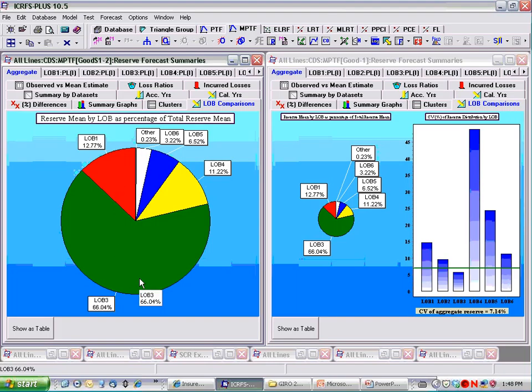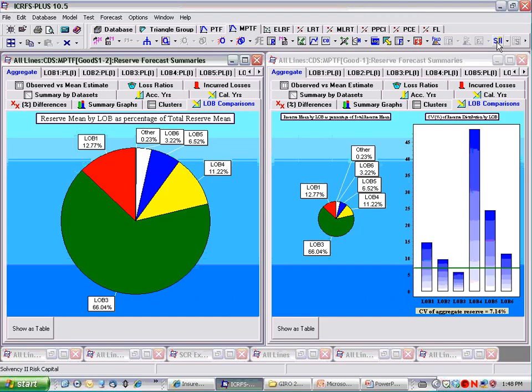You'll see later on in another study, when you are really in a distress situation in the next calendar year, that most of the distress is coming from LOB3, and then I think maybe LOB1 or LOB2. I can't remember exactly, but you'll see that in video chapter 5.6 when we discuss distress samples.